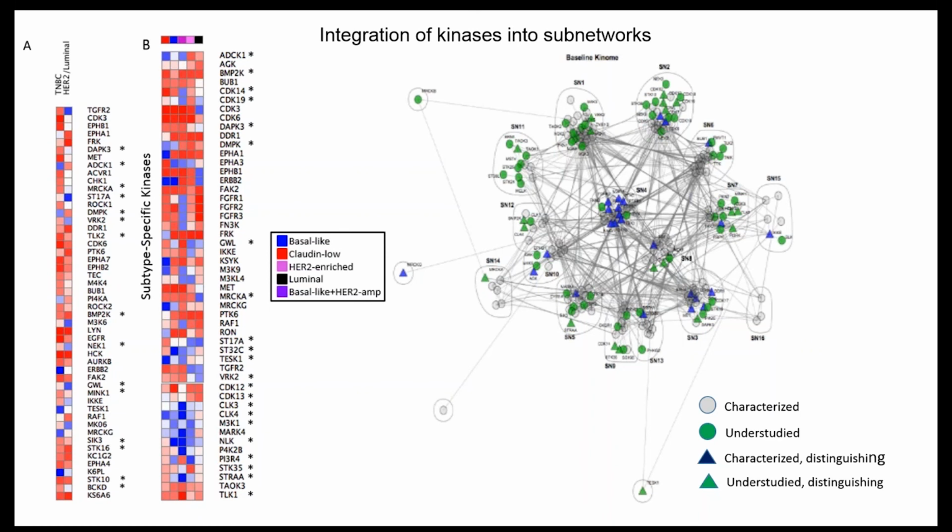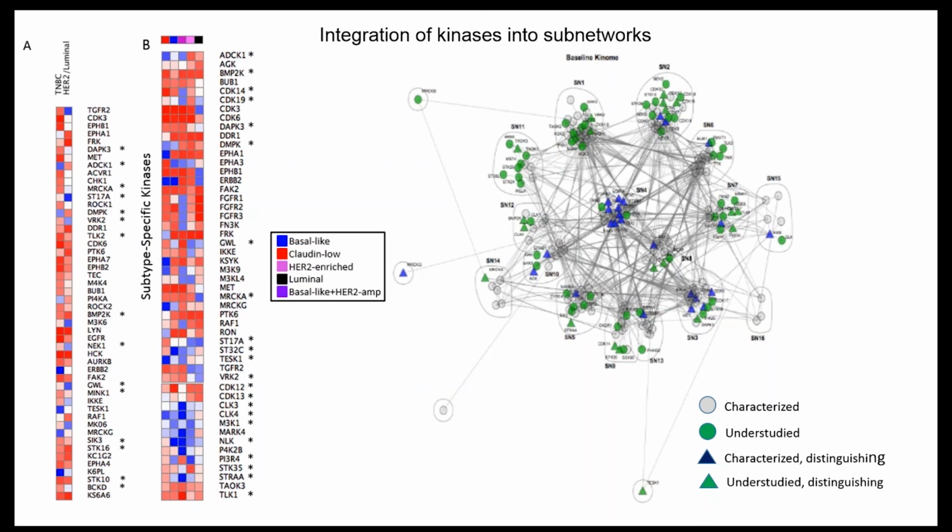If you do further analysis and look at subtype-specific kinases captured by the multiplexed inhibitor beads, you can find that we can subtype tumors very effectively with this list of 50 kinases. And we can subtype not only basal and claudin low, but HER2 enriched luminal and basal-like HER2 amplified.